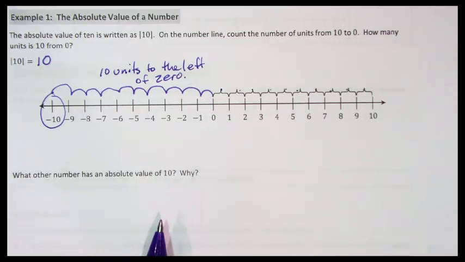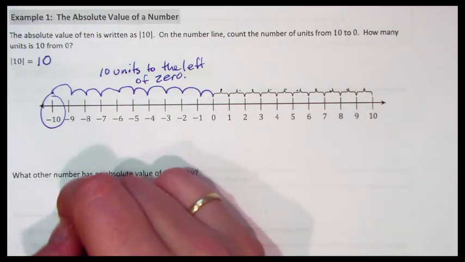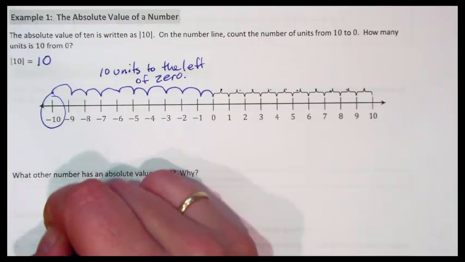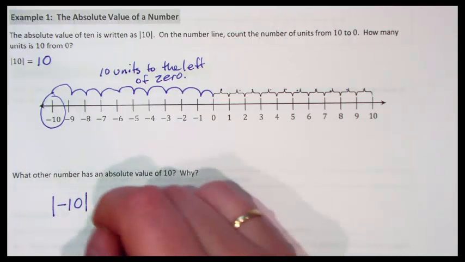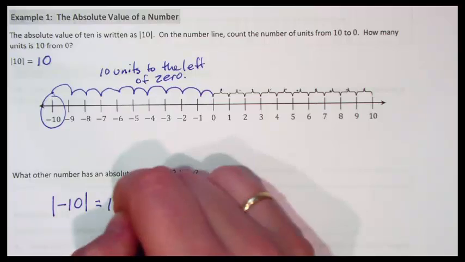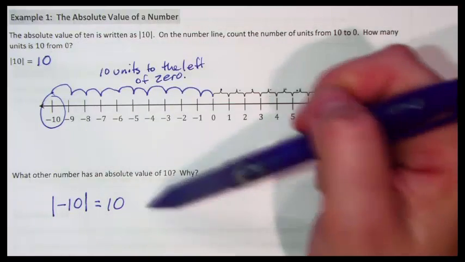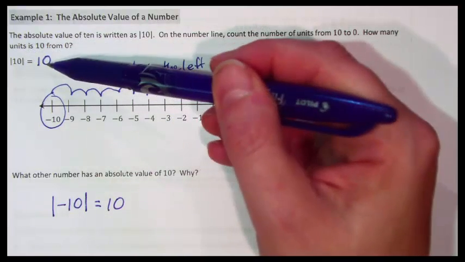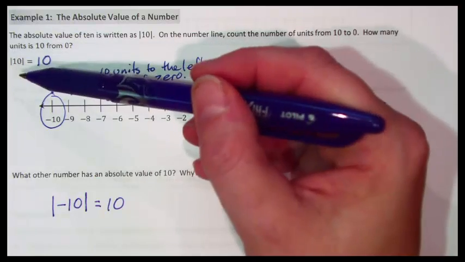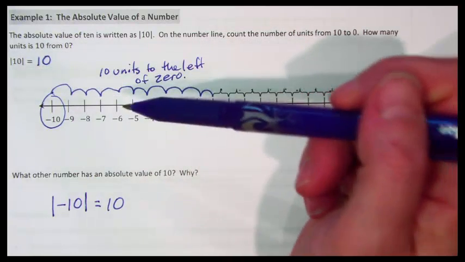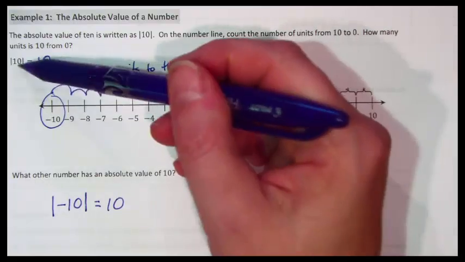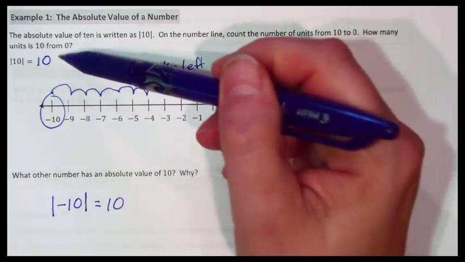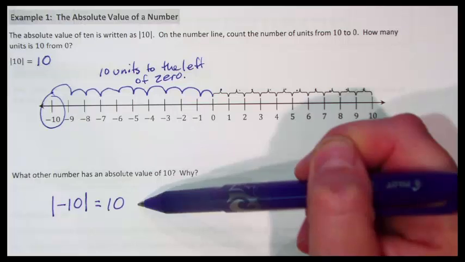So we can say that the absolute value of negative 10 is also 10. Notice that I'm not talking about the absolute value of 10 as negative 10. Those are opposites. Absolute value and opposite are not the same. 10 and negative 10 are opposites, but they have the same absolute value.